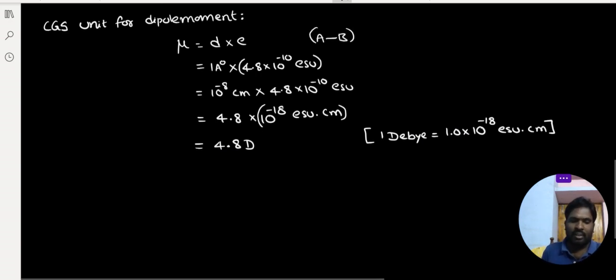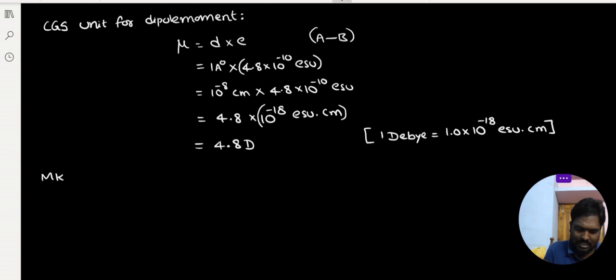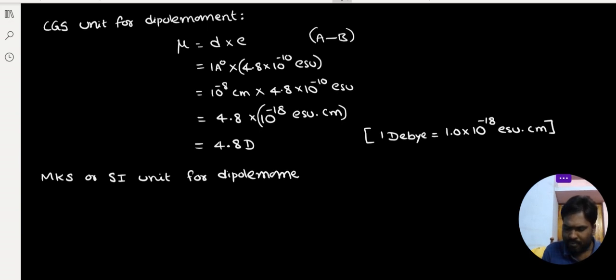Now, the SI or MKS unit for dipole moment. Mu equals d into e.